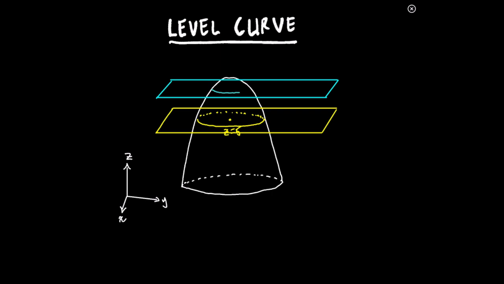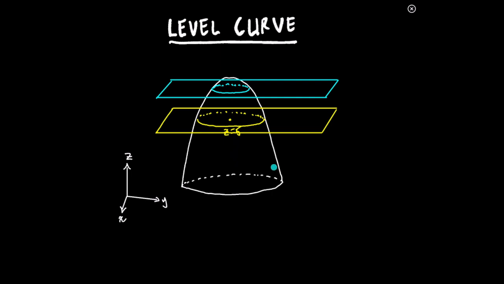And say that that cuts the paraboloid right here. Now that's another level curve, except this time at z equals 7. And if we move downwards, we could make more level curves. So your level curve is just dependent on your z value that you set your function equal to, right?